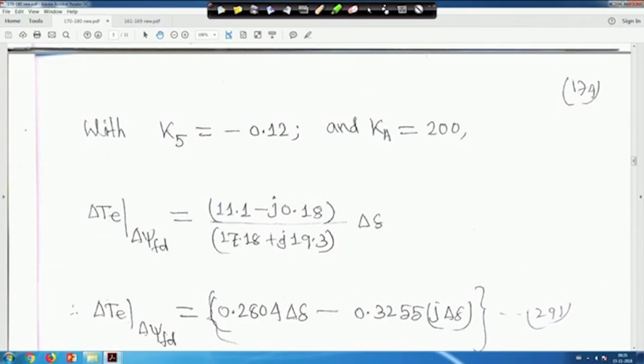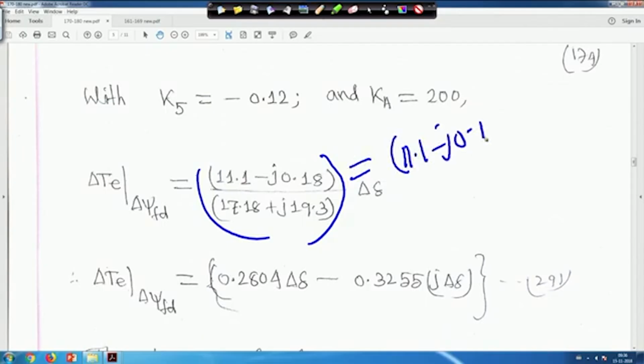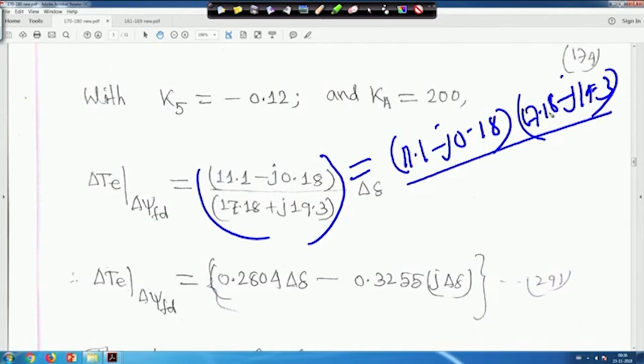If you multiply the numerator and denominator and simplify, this term you can write as (11.1 minus j 0.18) into (17.18 minus j 19.3), multiplying numerator and denominator by 17.18 minus j 19.3.